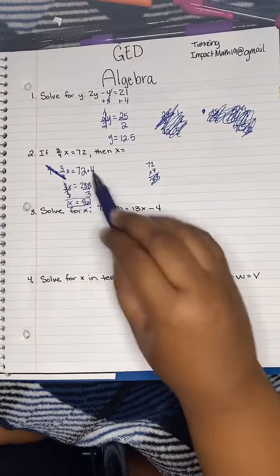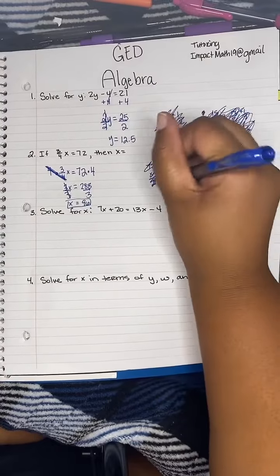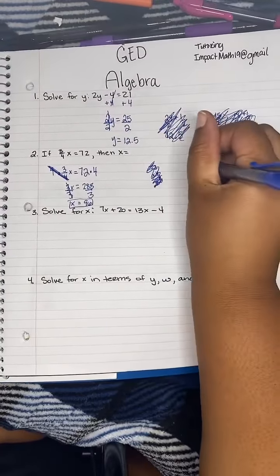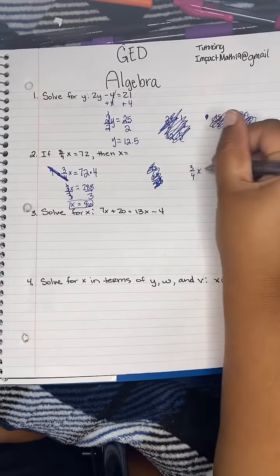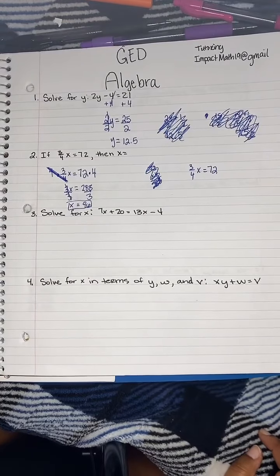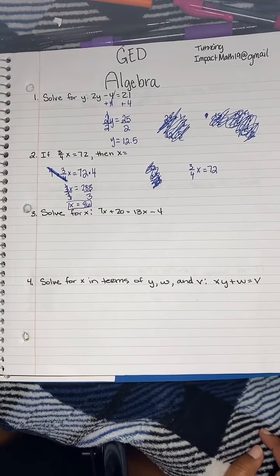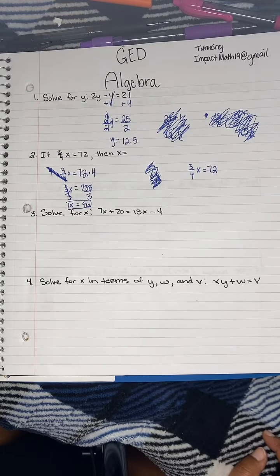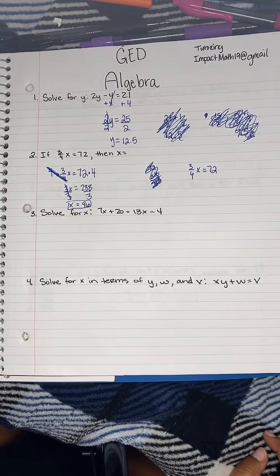So let's do this another way. Okay. I love showing that there's multiple ways. There's not just one way. So if you have 3/4 X equals 72. Does anybody know another way we can do this? 72 divided by 4.